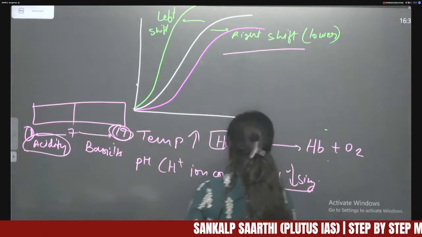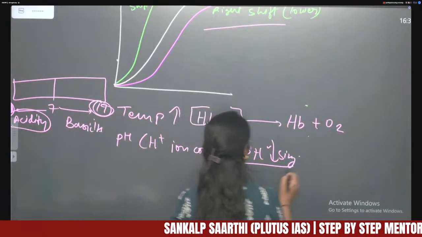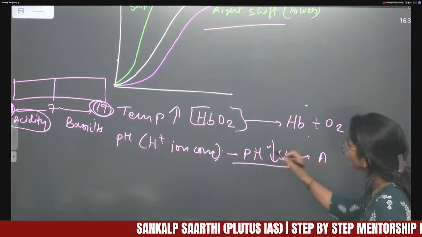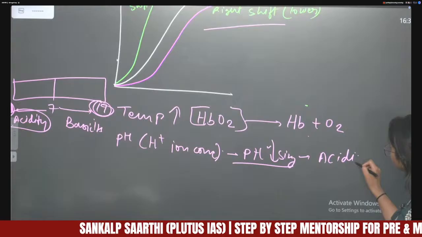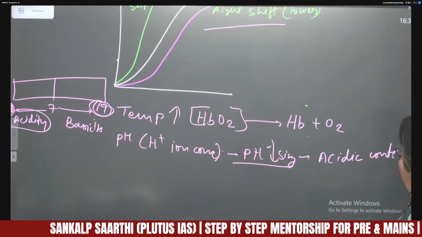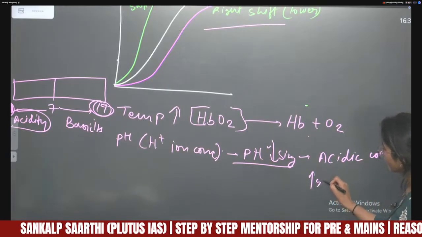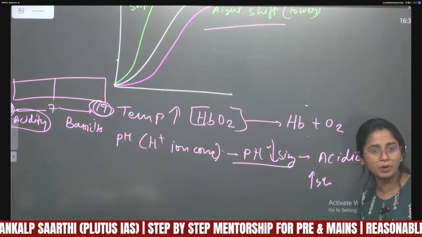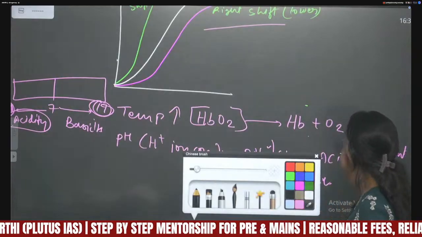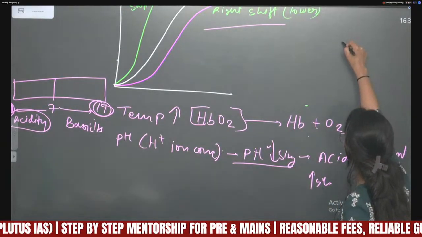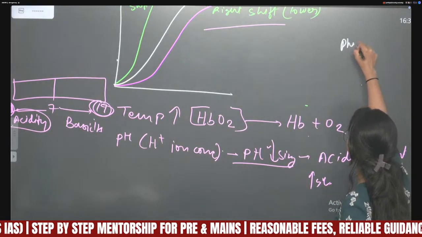So when the pH is decreasing, okay. So when the pH is decreasing, that means when will your pH decrease? As Shivam has asked, when the acidic content is increasing in your body. When acidic content is increasing in your body, right? Now relate with this. So when you are doing physical exercises, suppose that you are doing a gym physical exercise.